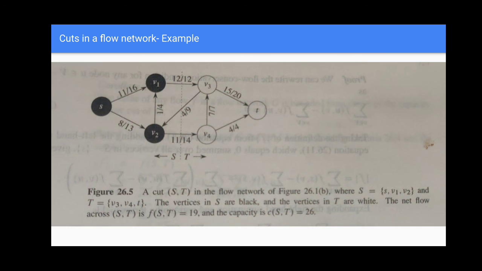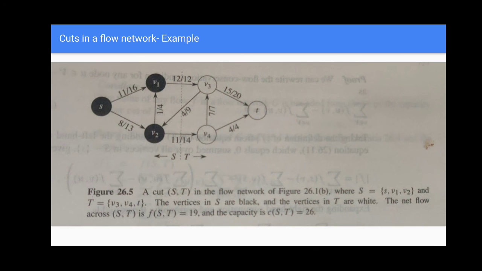Now, again we'll try to understand the cut through an example. In this graph, the vertices with black are in the set S and the vertices which are in white are in the set T. The vertices s, v1 and v2 are in set S. The vertices v3, v4 and t are in the set T. Now, if you see this, the capacity of the cut (S, T) is 12 plus 14, that is 26 only, the forward flow.